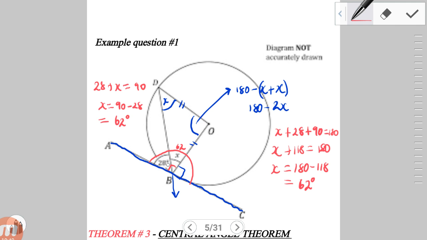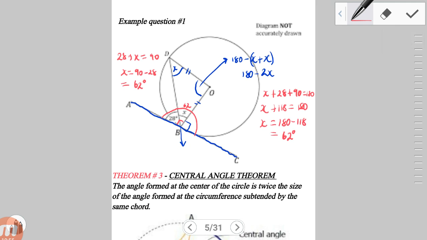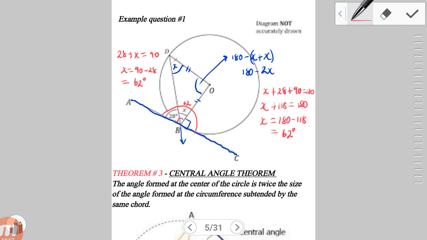Another way that you could look at this too is the fact that since OBA is 90 degrees, then these two angles are complementary, and so complementary angles also add up to 90 degrees. All right, so there we go. The angle is 62, and if this angle is also 62 here, then we could find the angle in here.